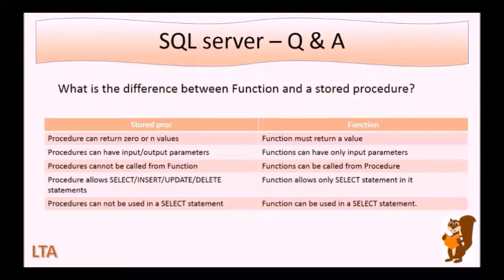Procedures cannot be called within a function, whereas function can be called within a procedure. Stored procedure allows select, insert, update, delete statements, whereas a function only allows select statement within it. Stored procedure cannot be used in a select statement, whereas functions can be used in a select statement. You can just call a function as you're calling a column from a table.